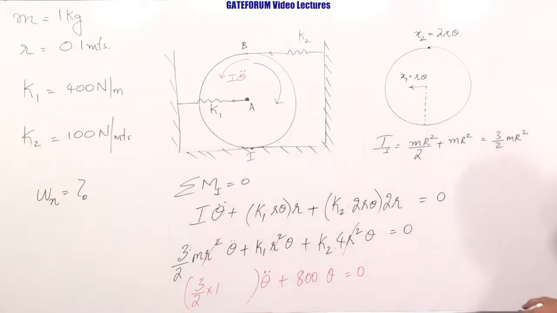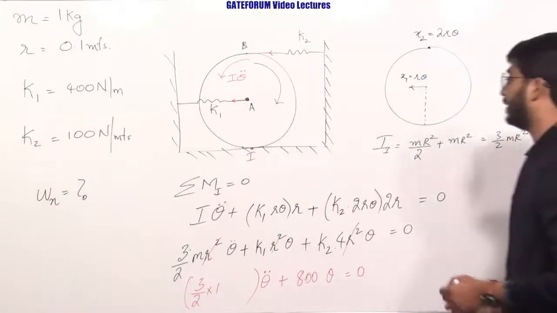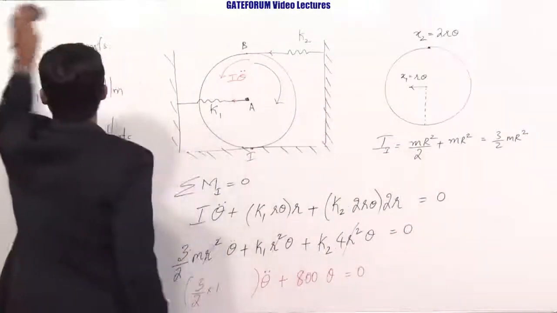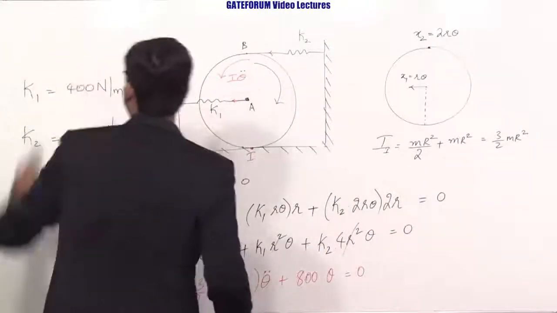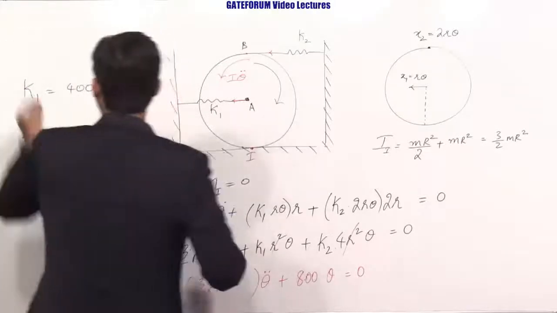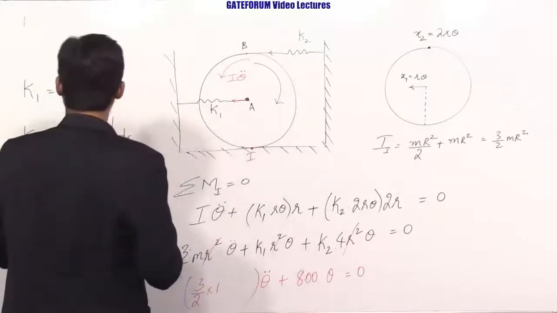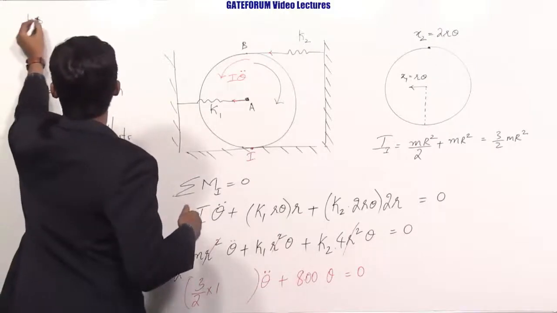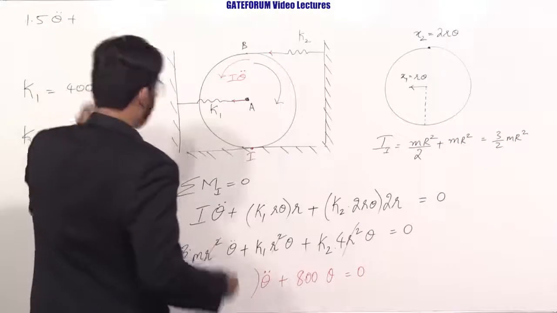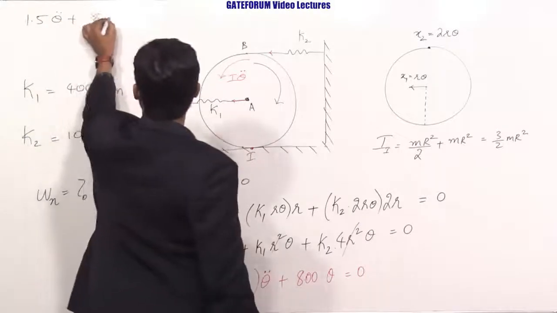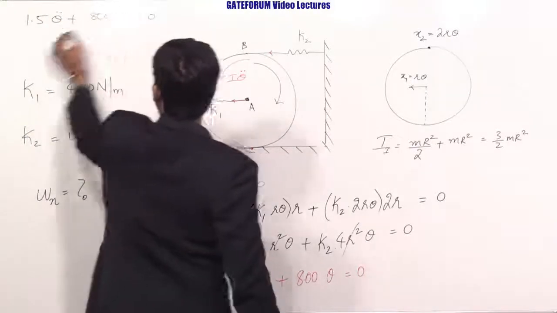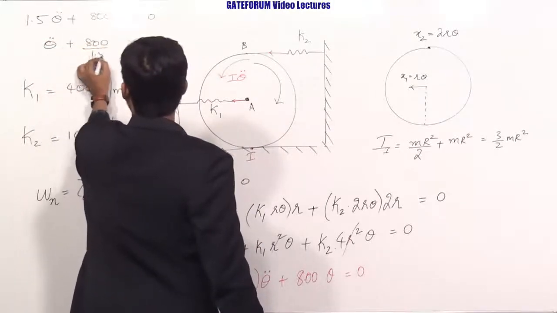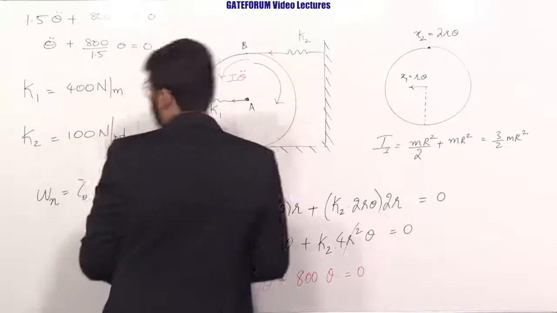So in short, your equation will be 1.5 times theta double dot plus 800 times theta equal to 0. So theta double dot plus 800 by 1.5 times theta equal to 0.